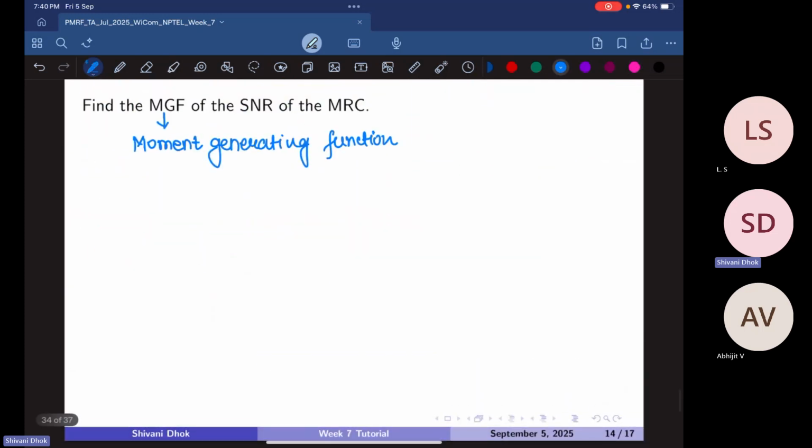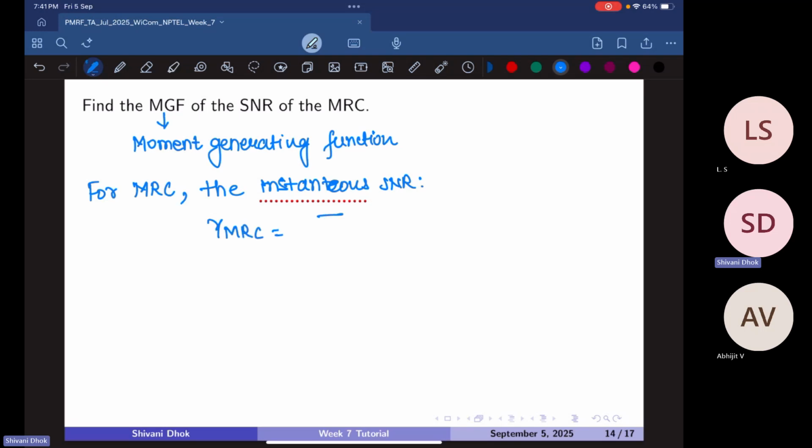So for MRC, the instantaneous SNR is given by gamma MRC, which is equal to the summation m equal to 1 to capital M of gamma m, where these gamma m are exponential random variables with mean capital gamma M, and these are independent.